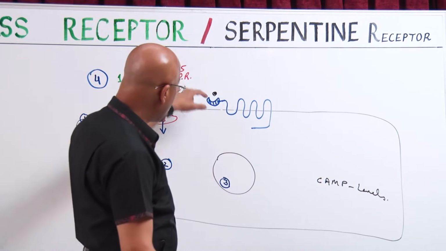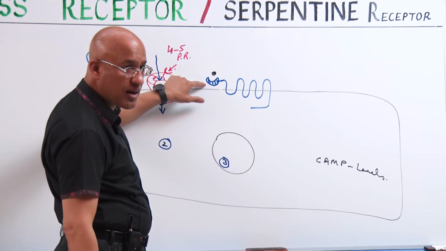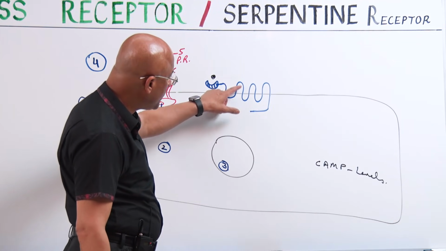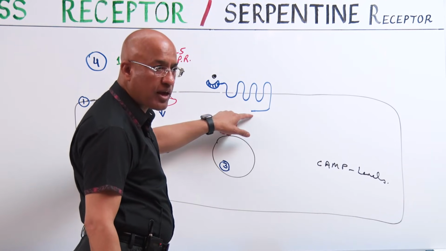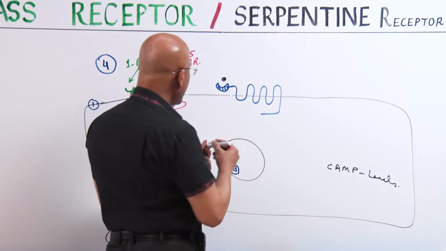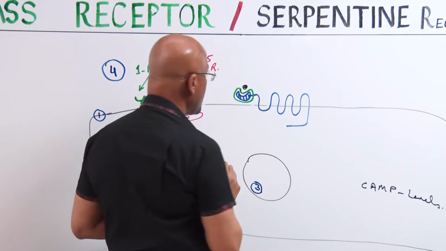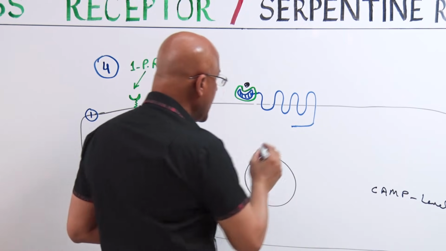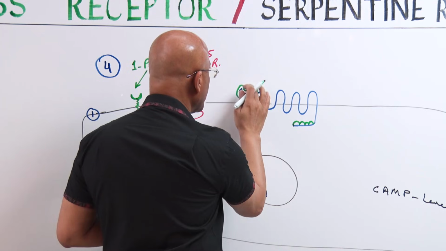For example, when a ligand binds here, this is the ligand binding domain. And what is this domain? Transmembrane domain. And what is this domain? Effector domain, right? Again I will repeat: this component is the ligand binding domain, and this component is the effector domain.